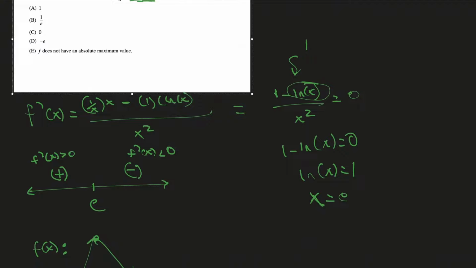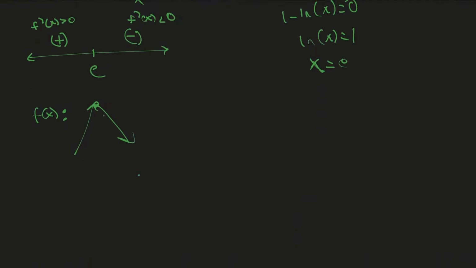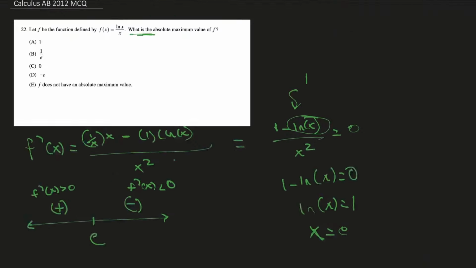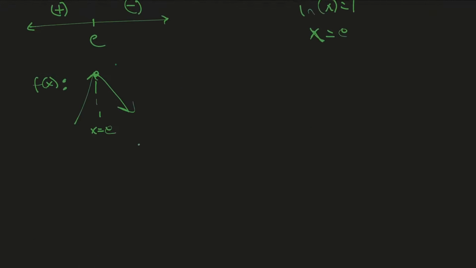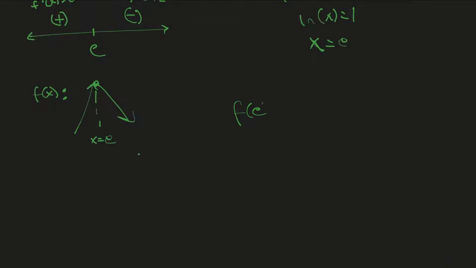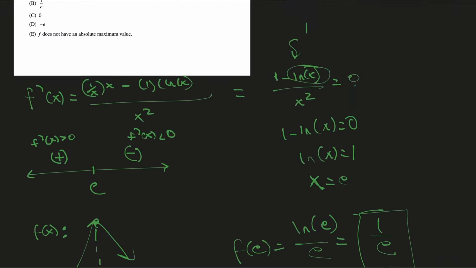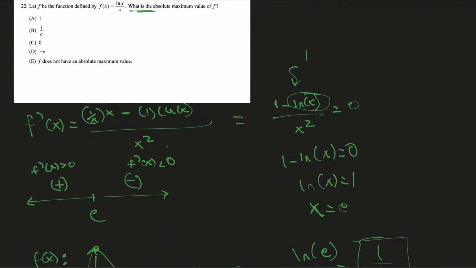We figured out that the maximum lies at x equals e, so we just have to plug e into f of x. Plugging e into ln of e over e gives me 1 over e. So the absolute maximum is 1 over e. This is both the relative maximum and the absolute maximum of the function. So the answer is B for number 22.